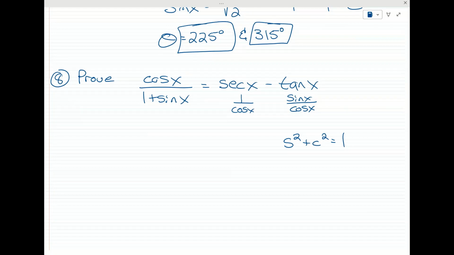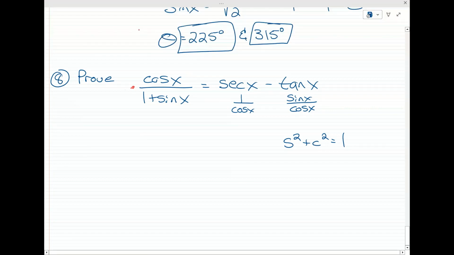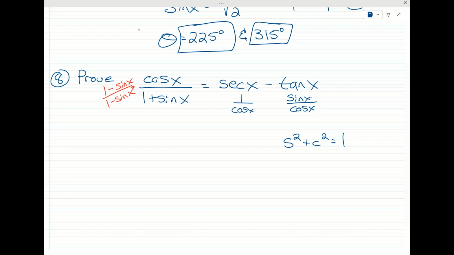So just from practicing these problems, the way we could get something with cosine is if we were to multiply the top and the bottom by 1 minus sine. What that'll give us on the bottom is 1 minus sine squared, which is cosine squared, which is what we want. So let's see what happens. If we do this, we're going to have cosine of x times 1 minus sine of x divided by 1 minus sine times 1 plus sine.